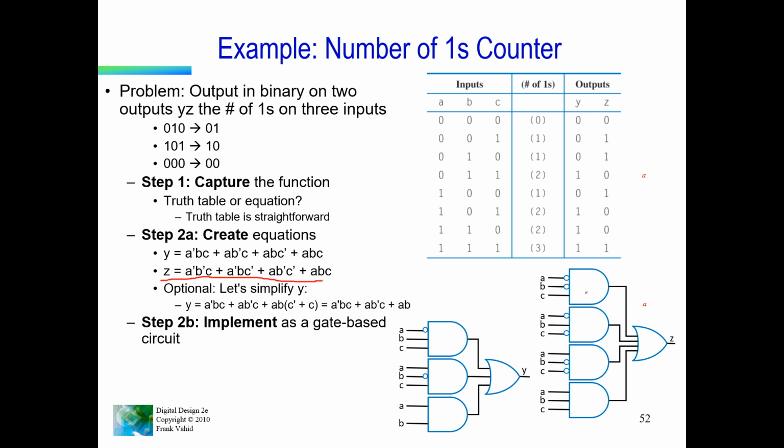Here, this means that there is an inverter actually. There is a NOT gate. A NOT gate is simplified by using only a circle. So this means that here I have A prime B C. Here I have A B prime C, for instance. Here I have AB. So Y becomes as shown here.